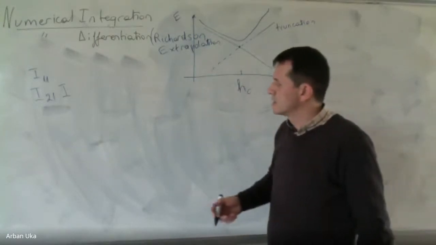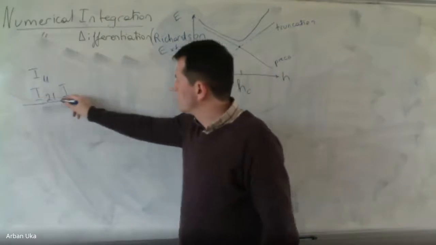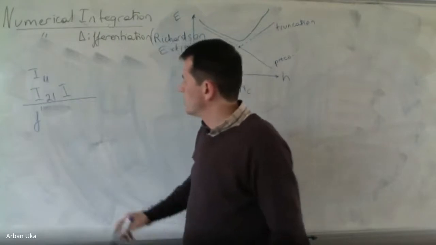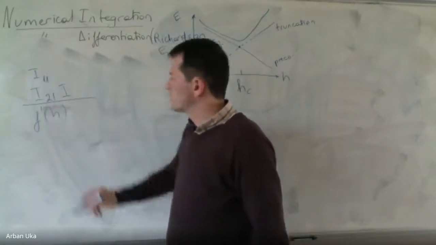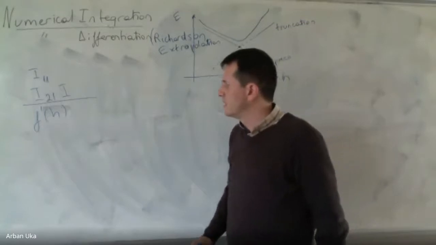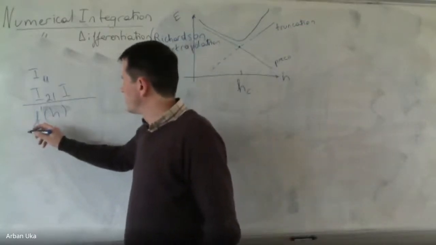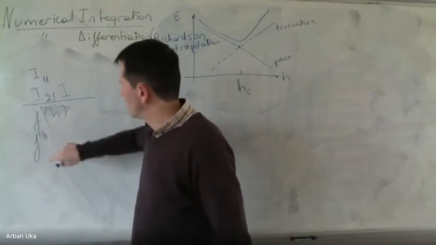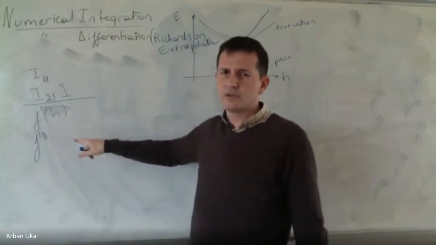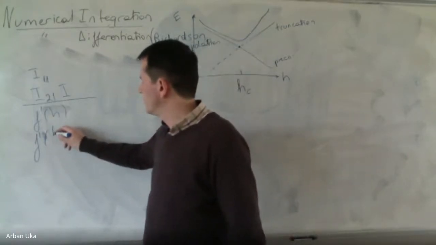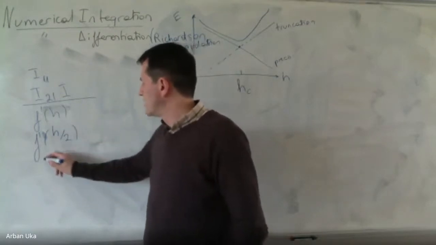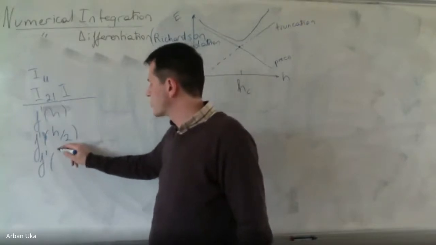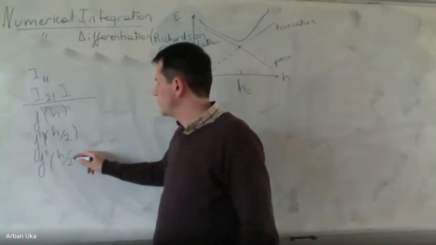So numerical integration is over. We assume that we have a first derivative of a function which is calculated using a specific value of h. Good. Then we can decrease h further by a factor of 2. Sorry, this is still the first derivative. Of course, this is going to be a numerical value that we're going to work with. So here we have h over 2. Then we can find another first-order derivative of a certain function where h is h over 2 squared.